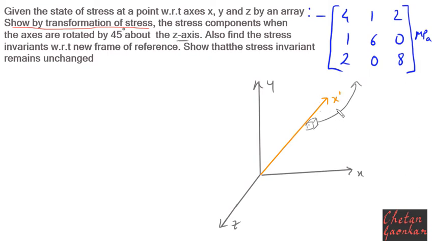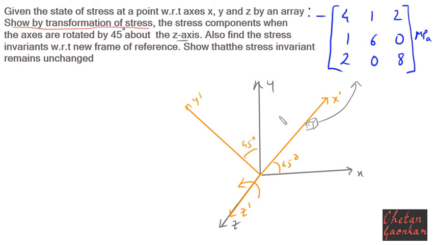Let the transformed axis be called x dash, the transformed y axis be called y dash, and the transformed z dash will remain on z, because we have rotated the axes about the z axis, from here to here. So z dash will be on z. And how much is this angle? This is 45 degrees, and even this is 45 degrees.